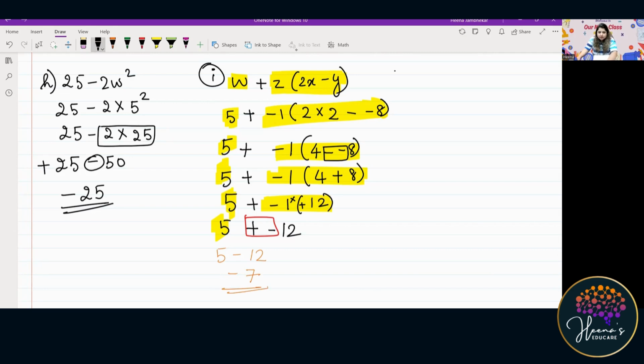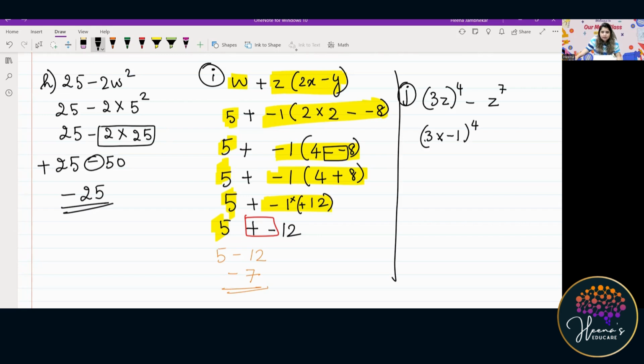Let's move on to the next one. You have 3z raised to 4 minus z raised to 7. So it is 3 into minus 1 raised to 4 minus minus 1 raised to 7.